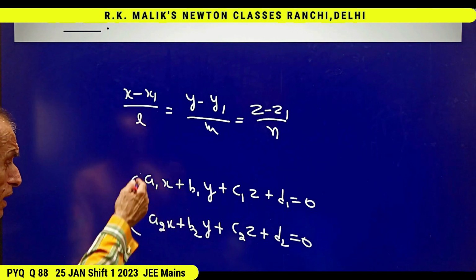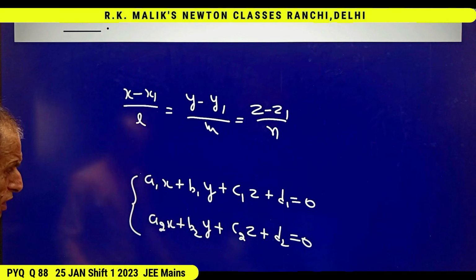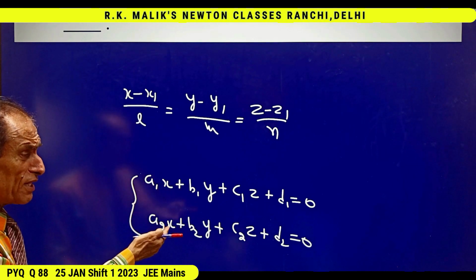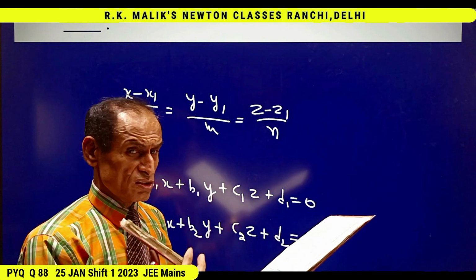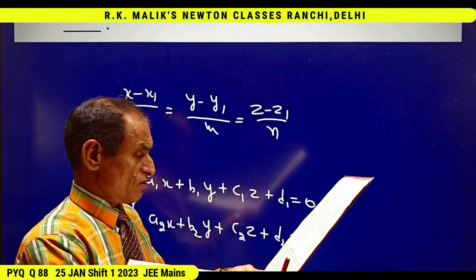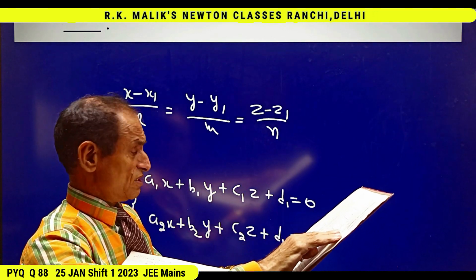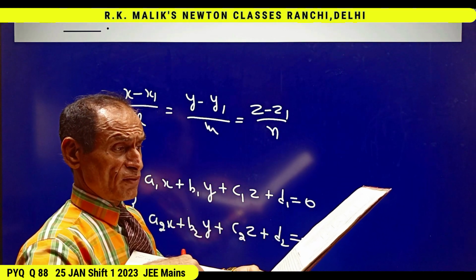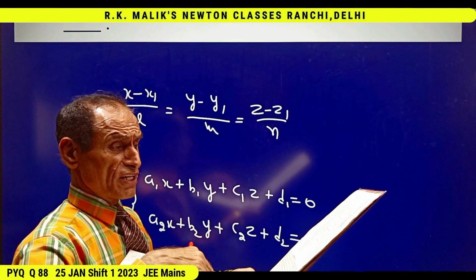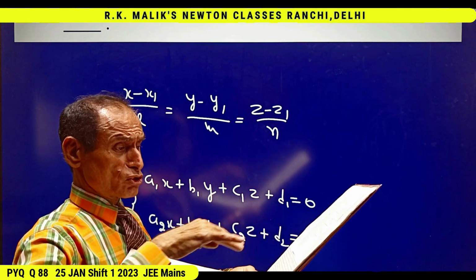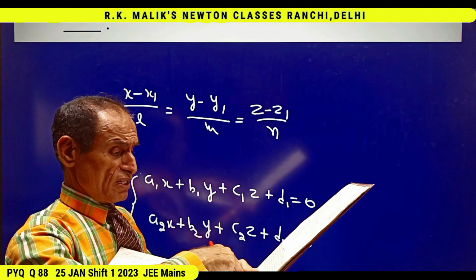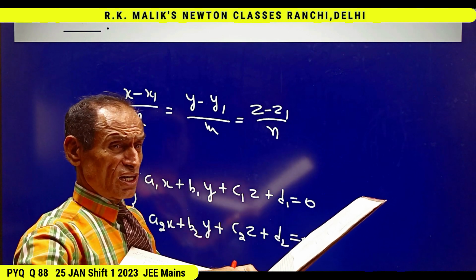Actually, how do two planes represent a line? See, suppose one plane is this, the other plane is this.